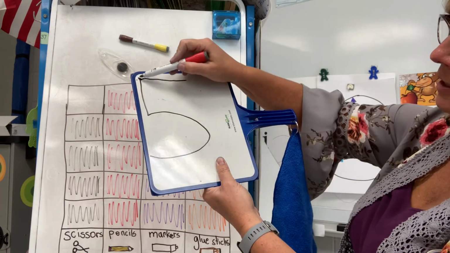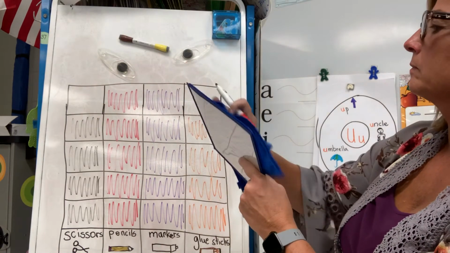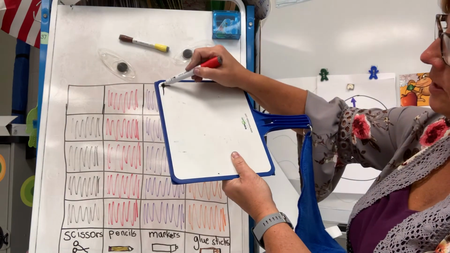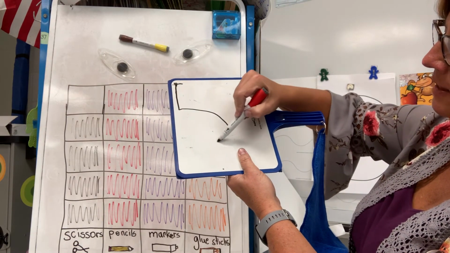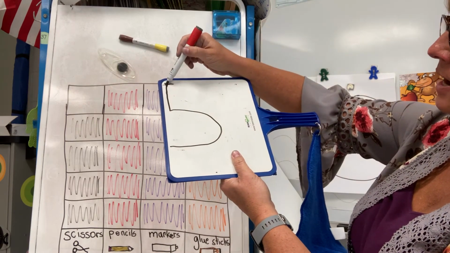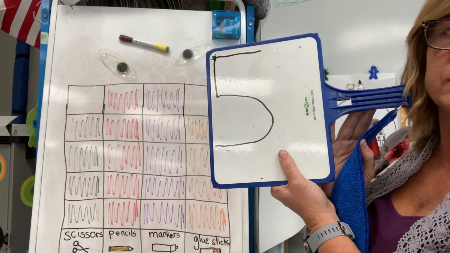Okay, so we're going to start at the dot again. And we're going to trace down the side, curve like that, go back to the dot, and give it a hat. That is the number 5.